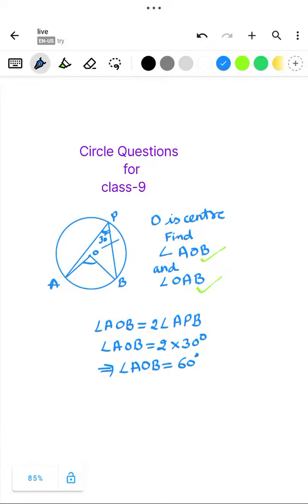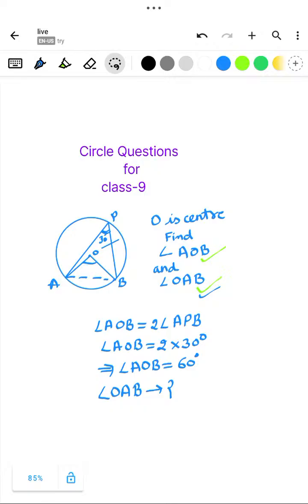Now second part is find angle OAB. So angle OAB we have to find out. So first we will join AB. Right? Now OAB is a triangle.